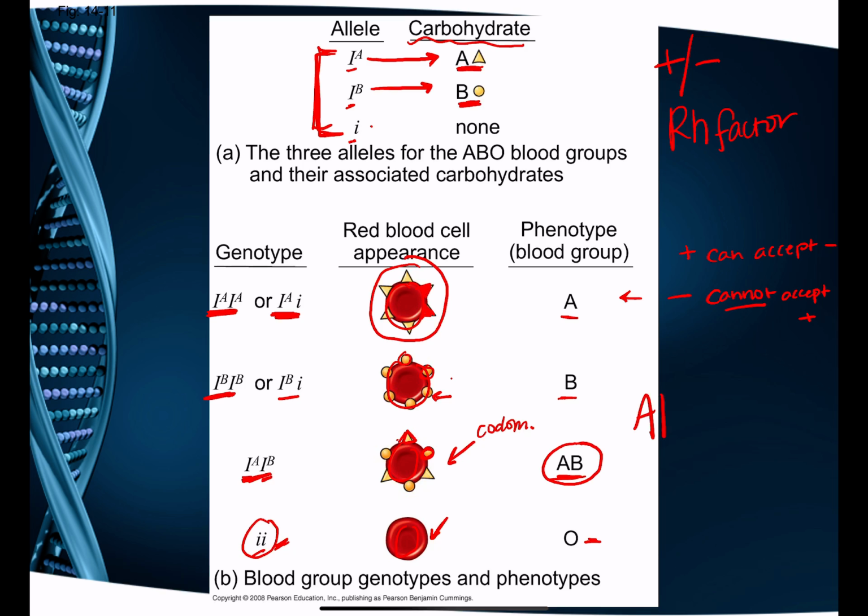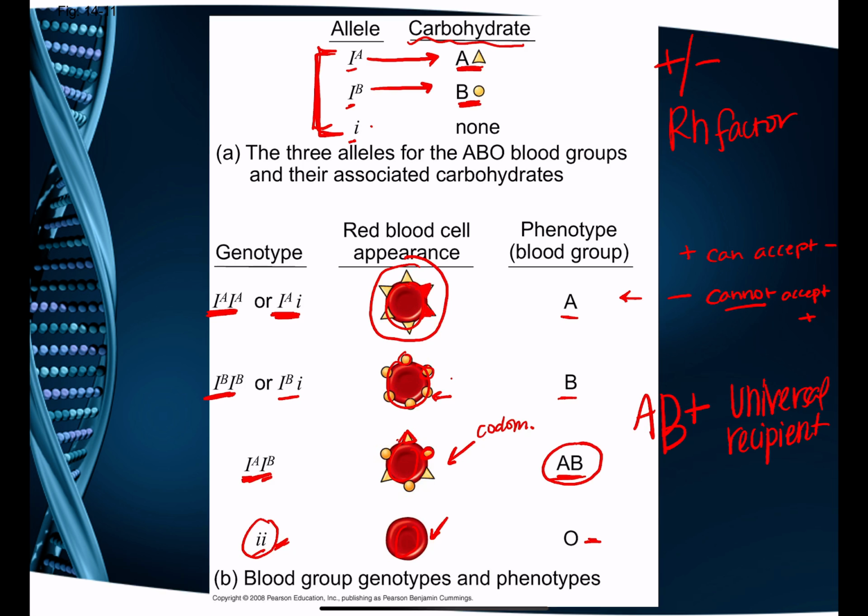AB positive is referred to as the universal recipient because they can get blood from anybody. They can accept any blood type, positive or negative, from A, B, AB, or O. Okay?